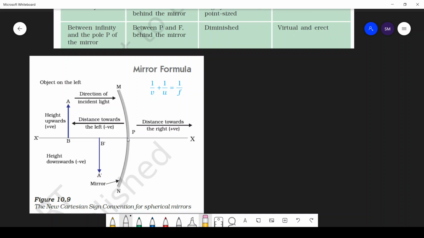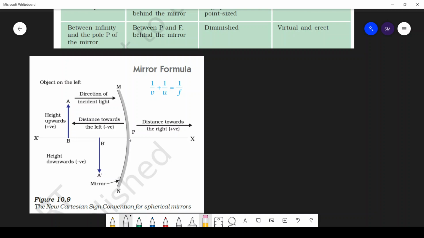Okay, so now if you have your object over here, start moving from the pole to the object. Are you moving in the direction of the light? This is the direction of the light, or are you moving away from the direction of the light? So if you are moving in the direction of light, then that distance will be taken positive, and if you are moving opposite to the direction of the light, then that distance will be taken negative.